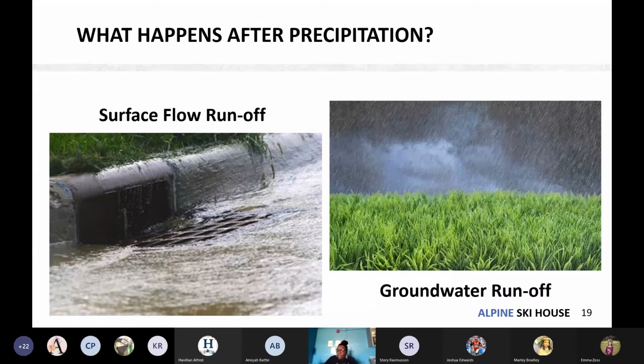I do not expect you to draw that very intricate picture. You see there a gutter, a street gutter, or a street grate, and that rain is collecting there.